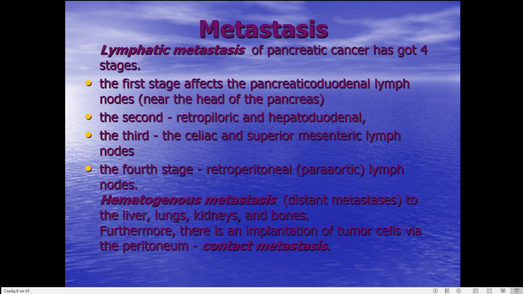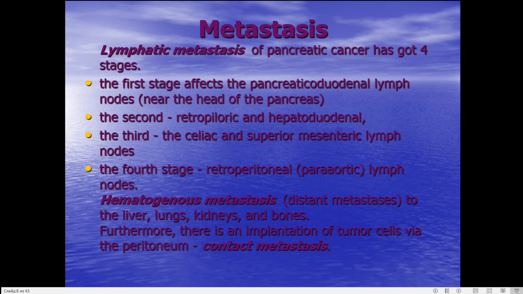The fourth stage, retroperitoneal or para-aortic lymph nodes metastasis.